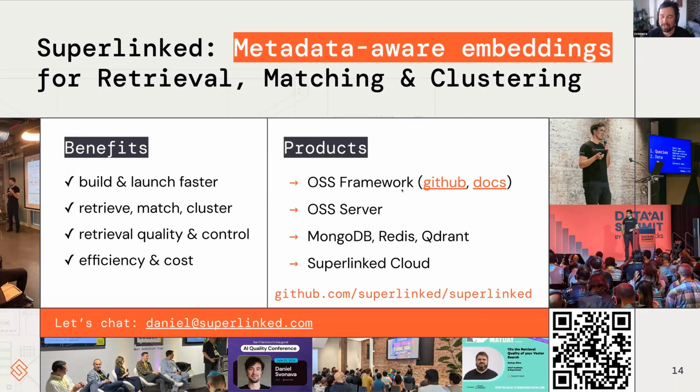And then we have a cloud product that we work with companies more hands-on, where we have some proprietary tech to scale this up to 100 terabytes of click data and millions of queries per day. So I'll pause there. Questions? Very happy to share anything people are interested in.